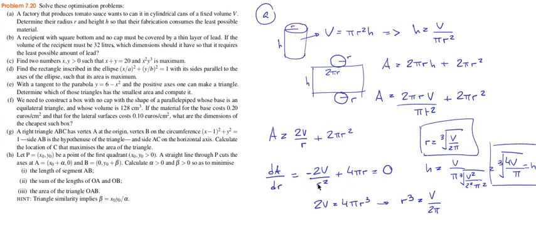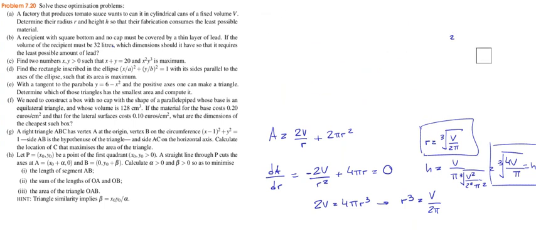If r is very small, this term is very large. So as we keep increasing the radius, the derivative goes from negative to 0 and then to positive, right? So once we reach a critical radius, which is this one, the derivative will become positive as we increase the radius. So this is actually a minimum. Okay, we can check.